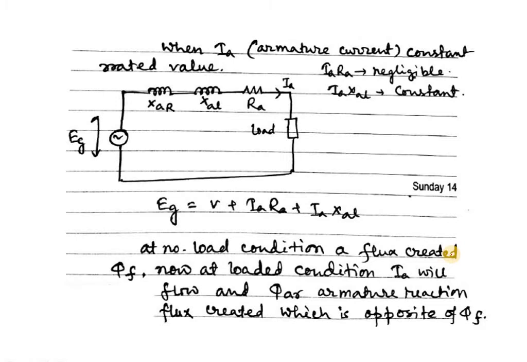And we get V plus IARA plus IAXAL equals EG. At normal condition, a flux phi F is created. Now at loaded condition, IA will flow and armature reaction flux phi AR is created, which is opposite to phi F.